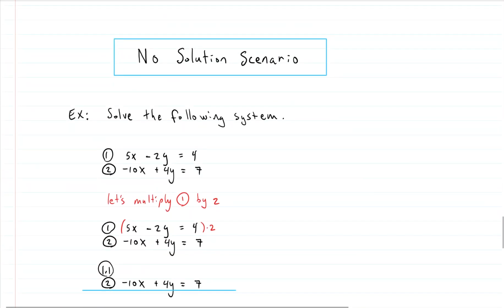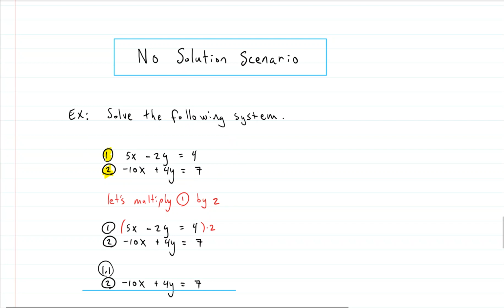No solution scenario. So that's what we're expecting. We've got two equations here. Here's our system, and we want to solve this system, meaning find out where they cross, if these two lines cross at all. The idea, using the addition method, is that we want to cancel one variable.